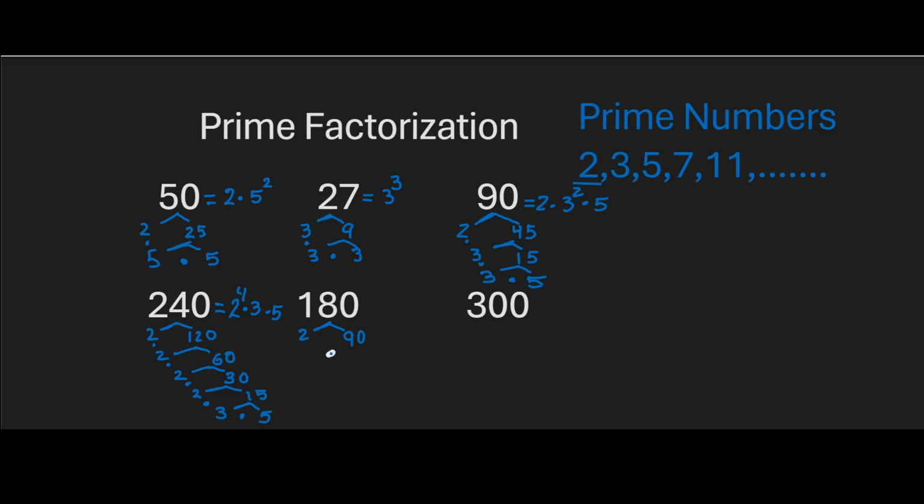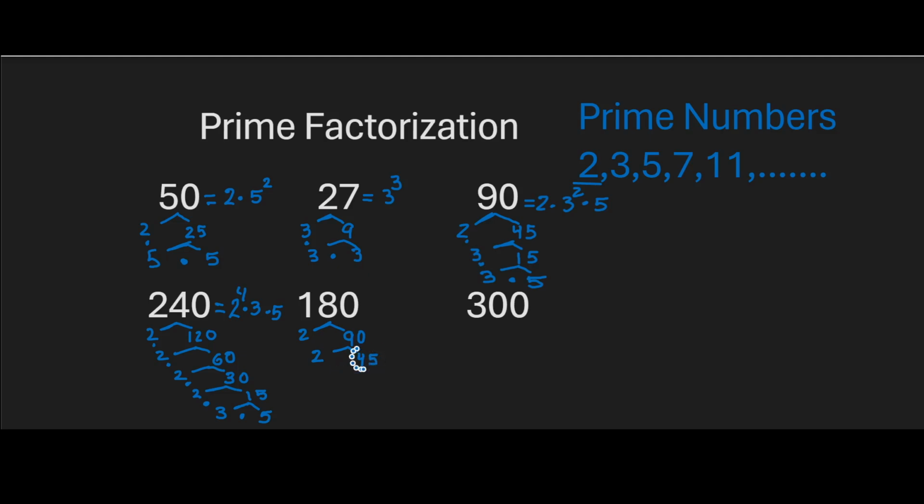Then the next step, I'm gonna keep dividing by 2 as many times as possible. If I can still divide by 2, that's what I'm gonna do. In this case, 90 divided by 2, that will be 45.